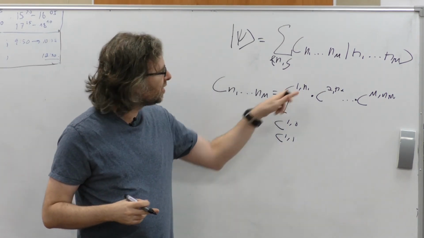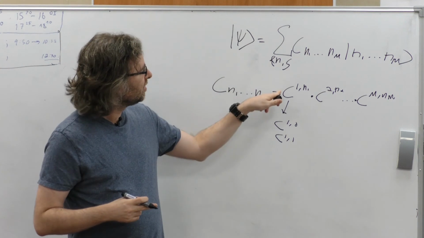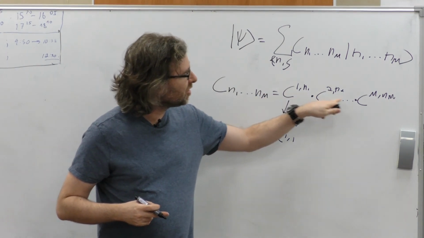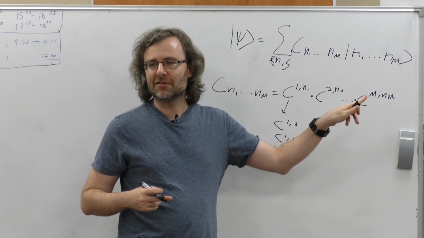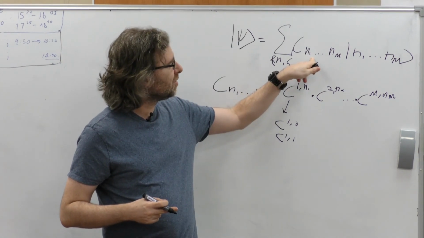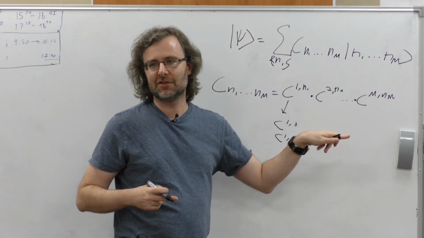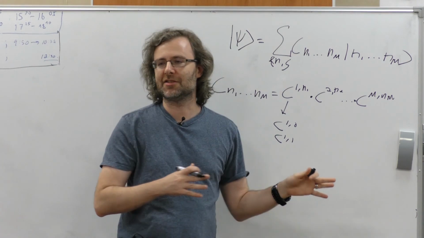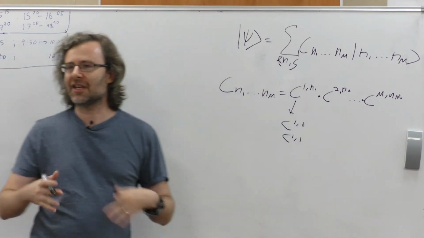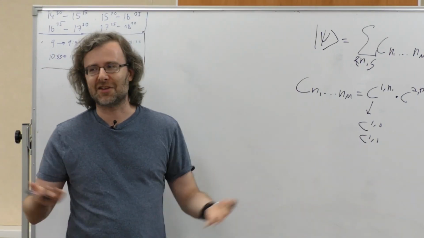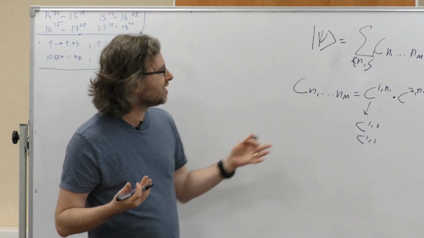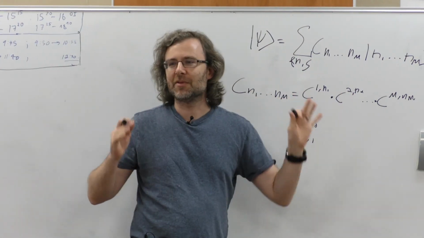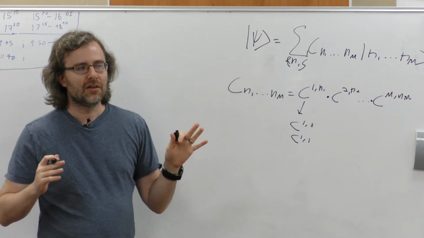Because the index n1 can take on two values. So this is two numbers, this is two numbers, and I have m of these. So I've gone from 2 to the m numbers to 2 times m numbers. Okay, so this is linear in the system size. So in terms of scaling, in terms of complexity, this is awesome, right? If I could actually represent any wave function like this, then we wouldn't have a many-body problem.